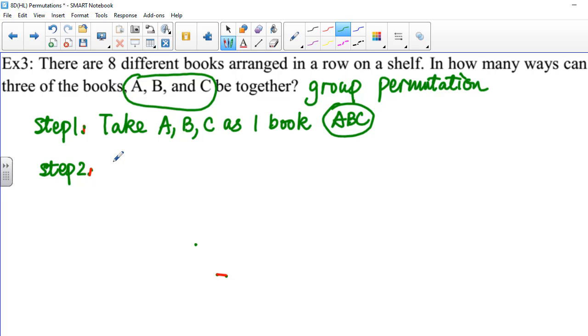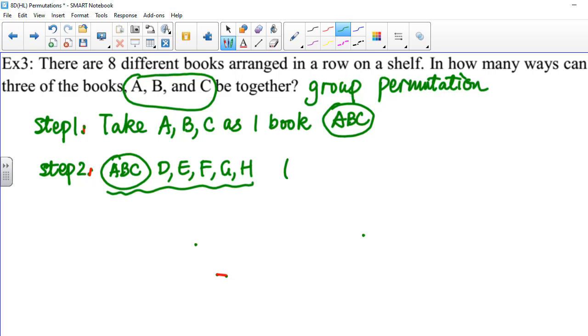So then I will have ABC as one book. Then I still have D, E, F, G, H, another 5 books. So there are 6 books to be arranged in a row.